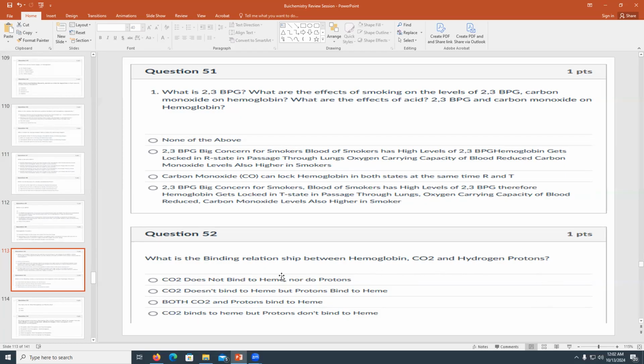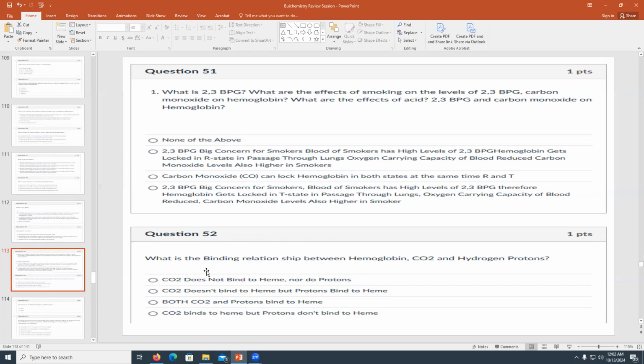So that question was describing the setting of carbon monoxide. In carbon monoxide, carbon dioxide does not bind to heme, nor do protons, because carbon monoxide is preventing that. What usually happens is that carbon dioxide and protons bind to hemoglobin and they let go of the oxygen to the tissue.